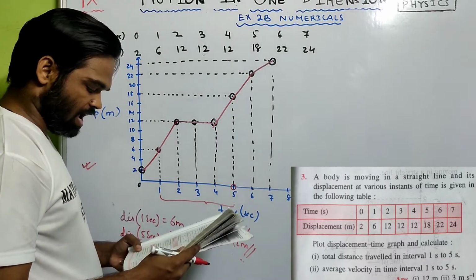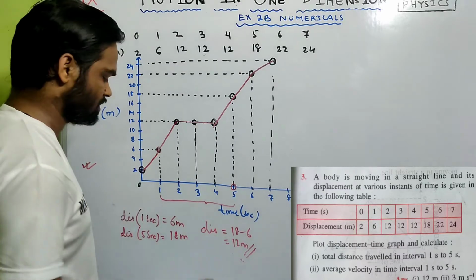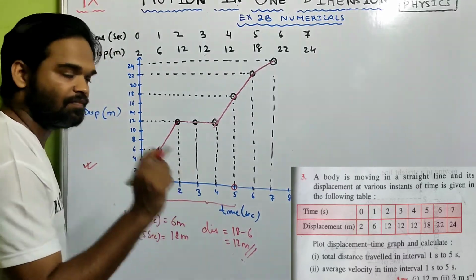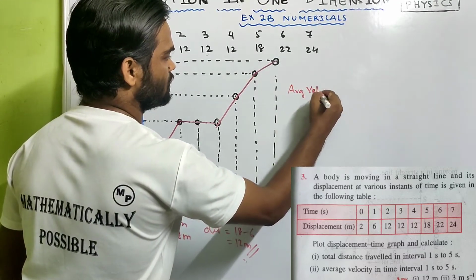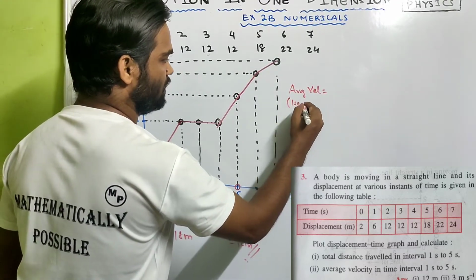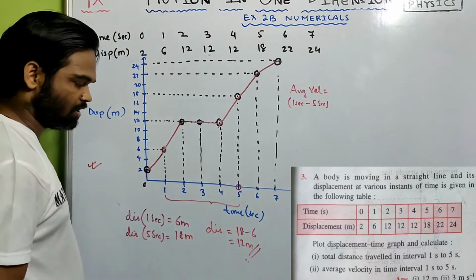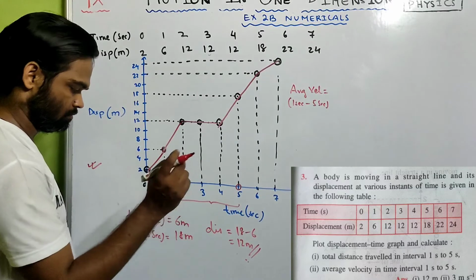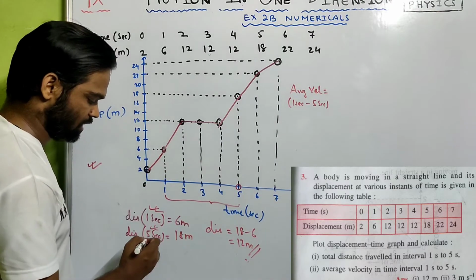Now, average velocity in time interval 1 second to 5 second. Look over here. Displacement of the body at 1 second was 6 and at 5 second was 18.